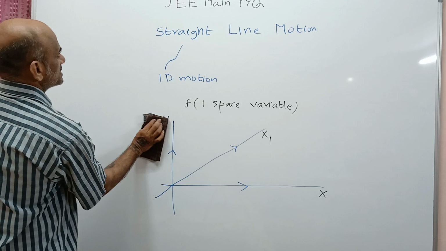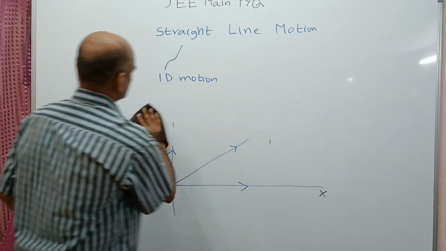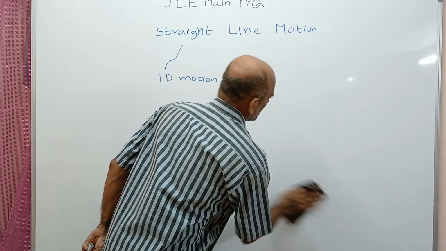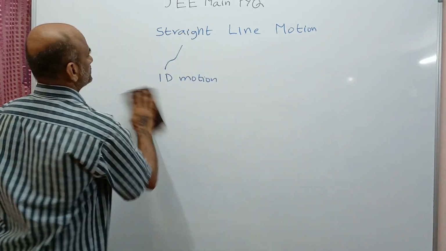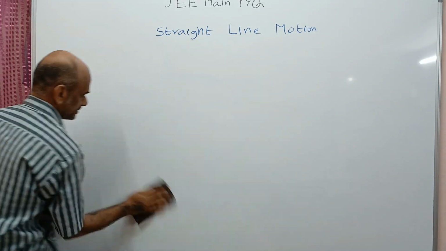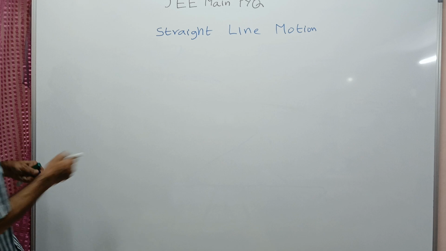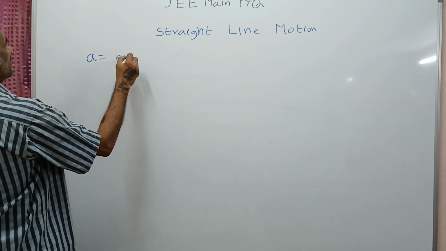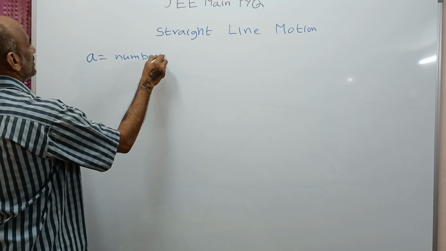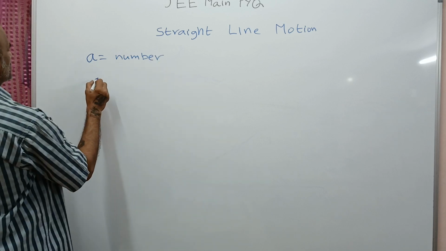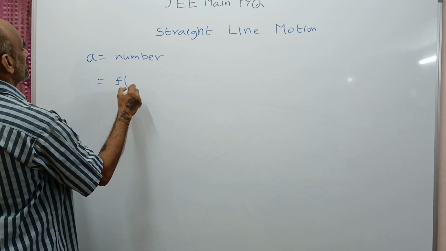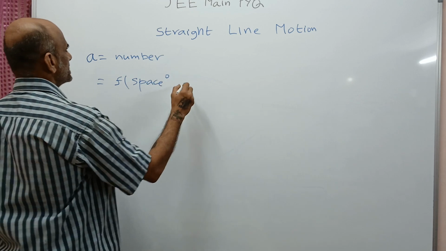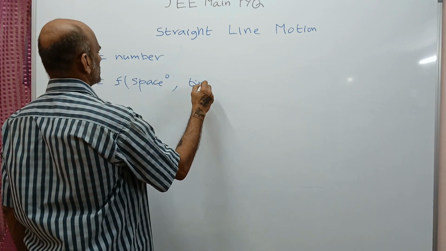And the simplest straight line motion we can have is where the acceleration is a number, a real number. So the acceleration is a number, then it is not a function of space and time. It does not depend on space and also does not depend on time.